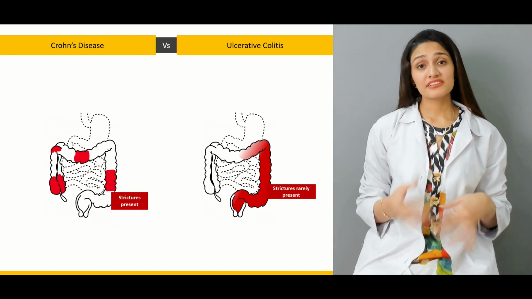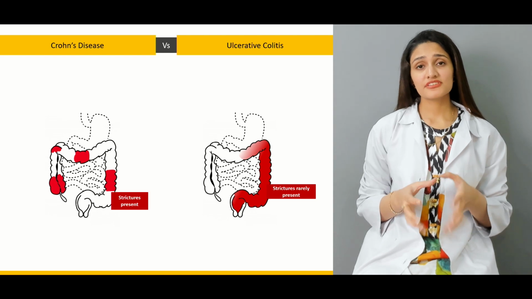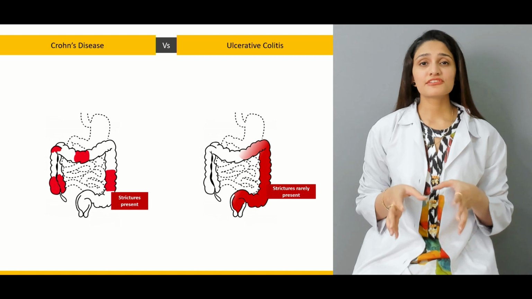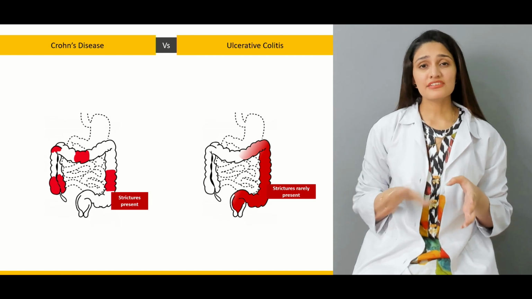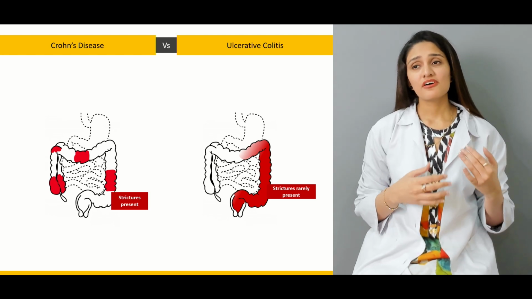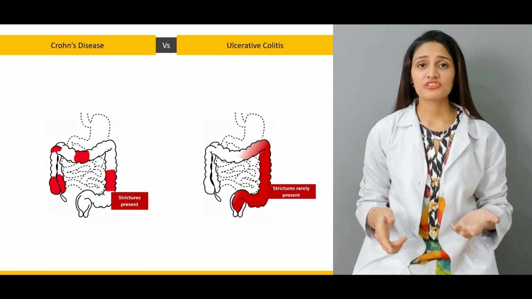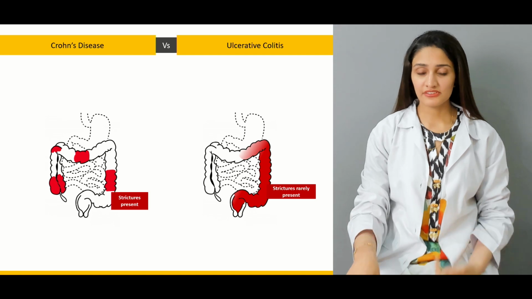If we talk about another complication, strictures are usually present in Crohn's disease, whereas in ulcerative colitis, strictures are very rarely present. There are probably very few patients who have come up with strictures in ulcerative colitis.